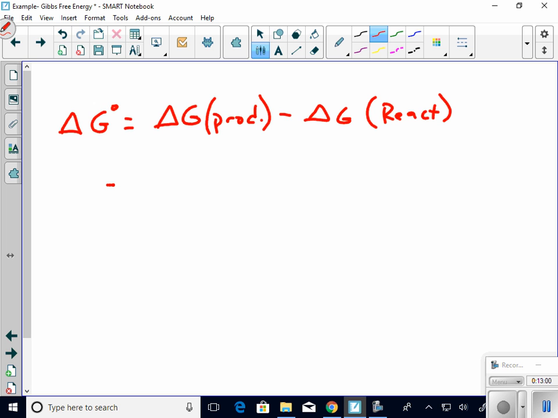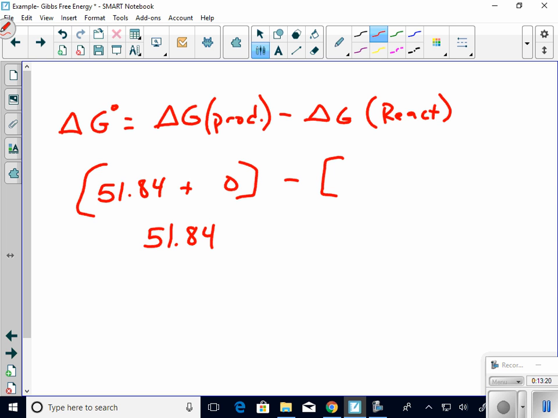Agreed? Oxygen, delta G is also 0 for that. So that's going to be an easy calculation, 51.84. Now, I subtract my reactants. NO as a gas is 86.71. And I add to that ozone, O3, 163.4.